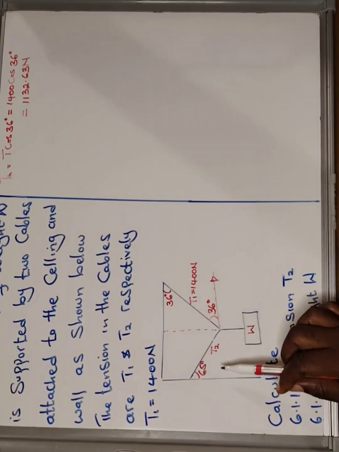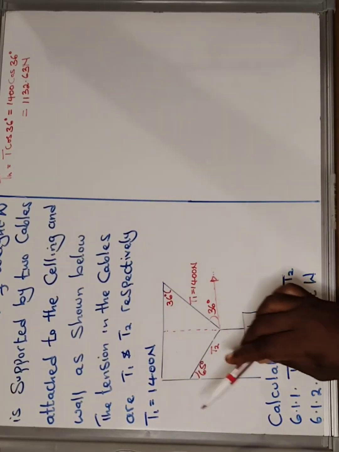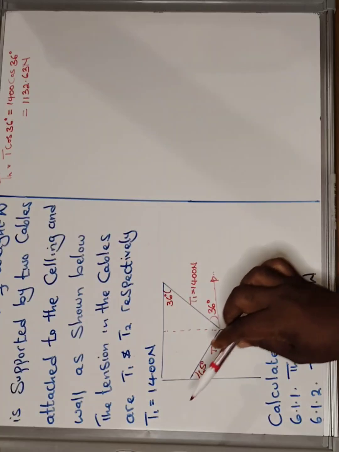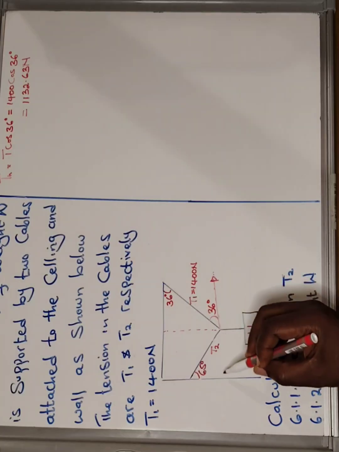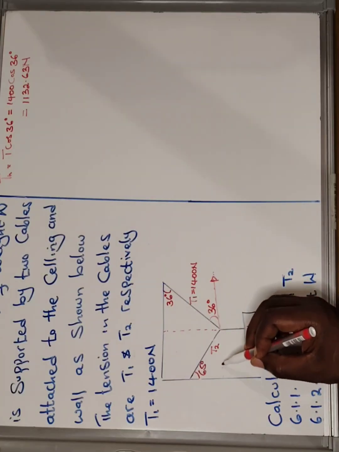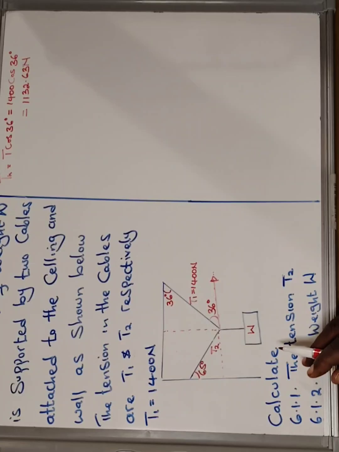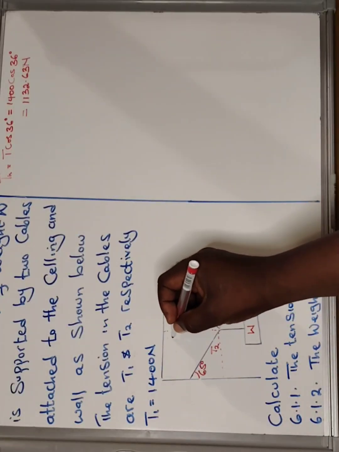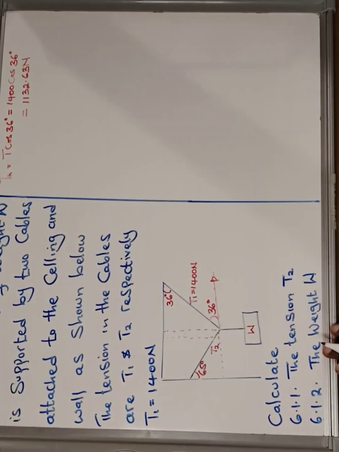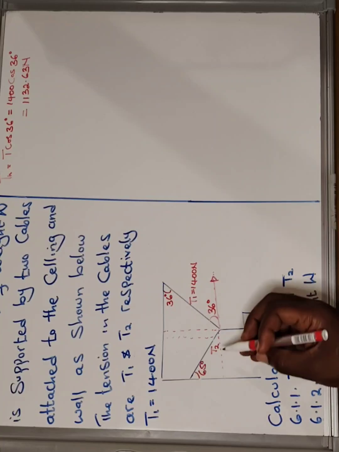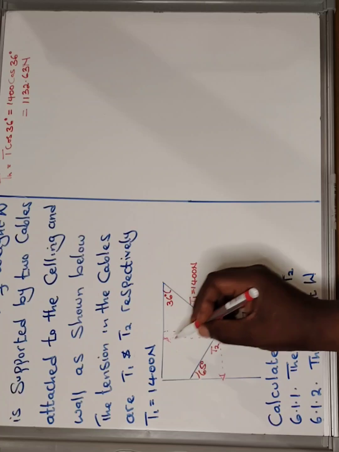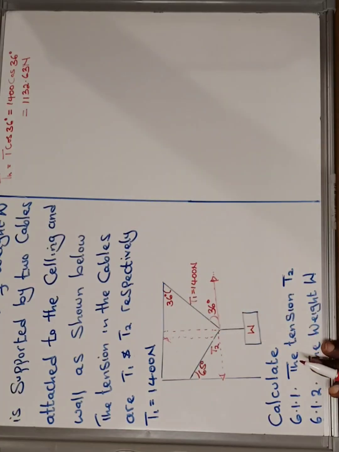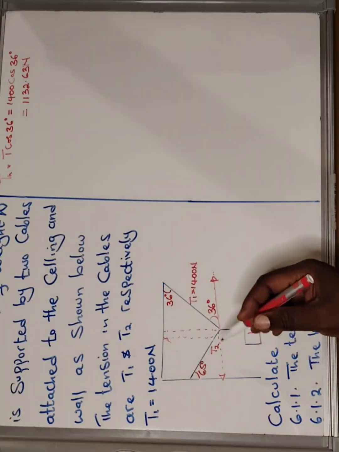Now we come to our T2. T2 is also acting two-dimensionally. So it's a two-dimensional force. And therefore we can try to find its component. Okay, this is its component, and that's another component. Do you know this angle?